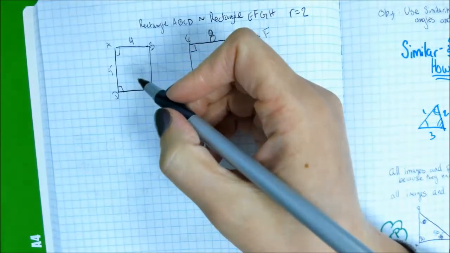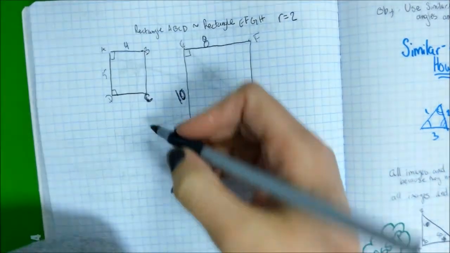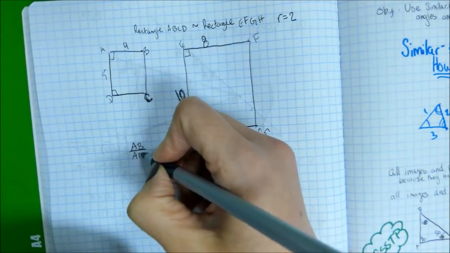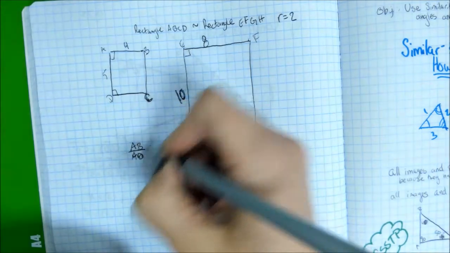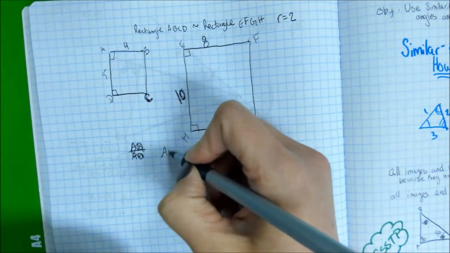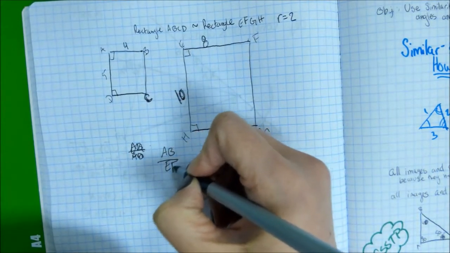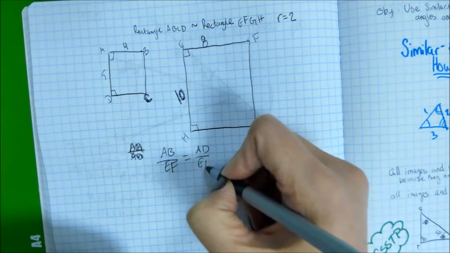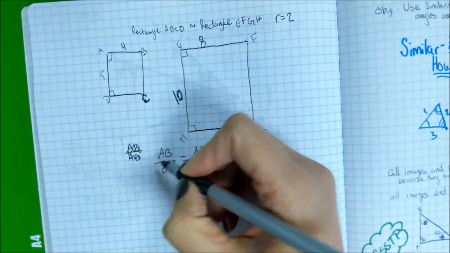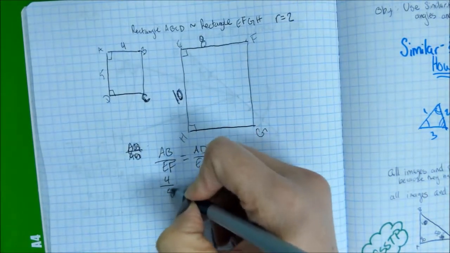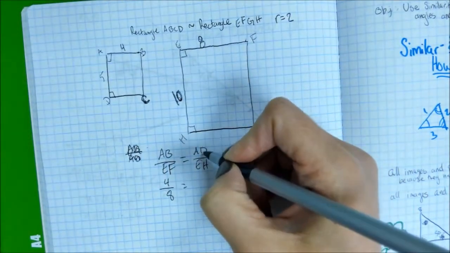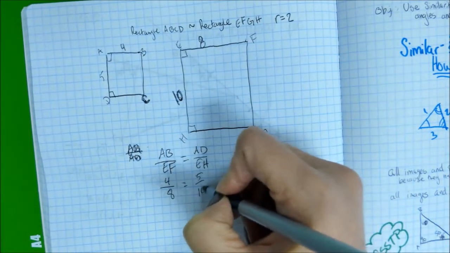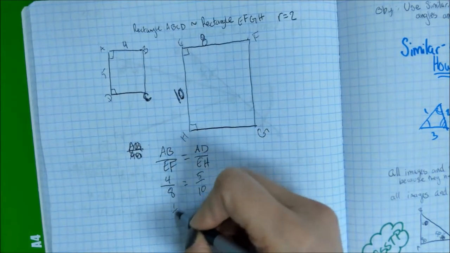So if I know this, then I know that AB over EF is going to be in proportion to AD over EH. And if I check that out, AB is 4, EF is 8, AD is 5, EH is 10. There we go, 1/2.